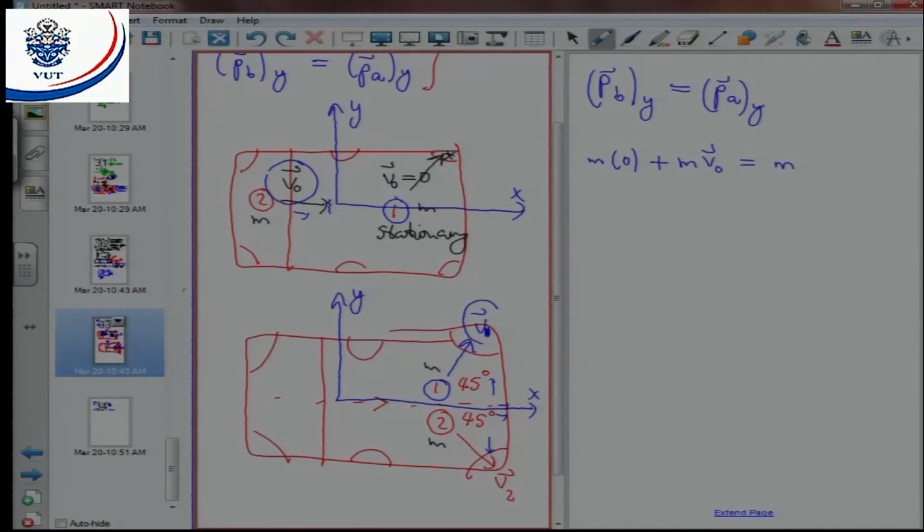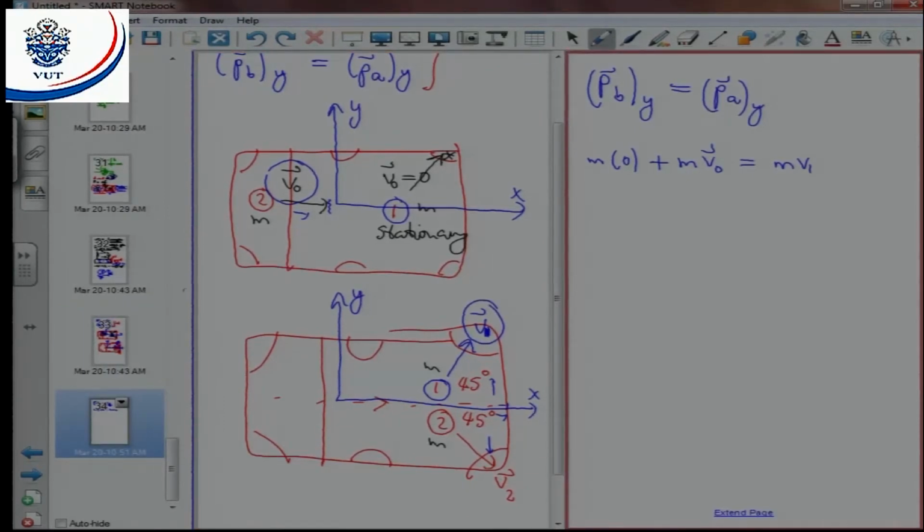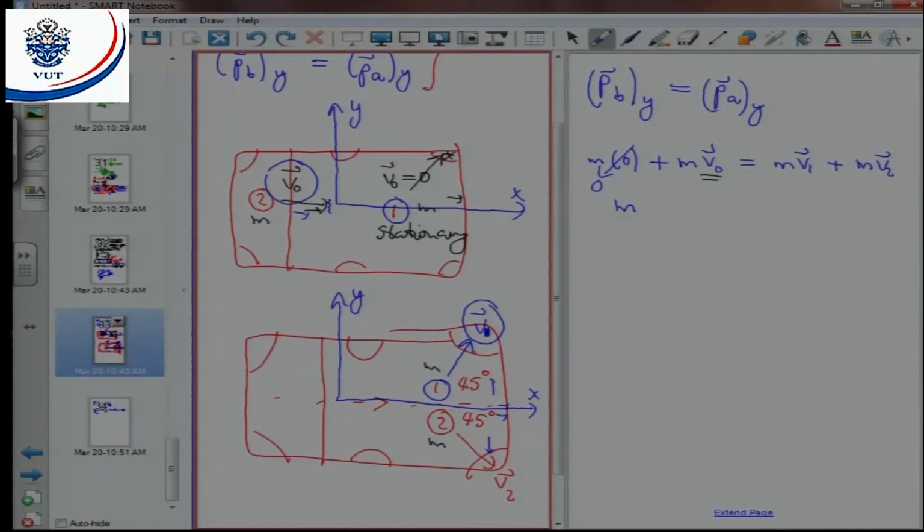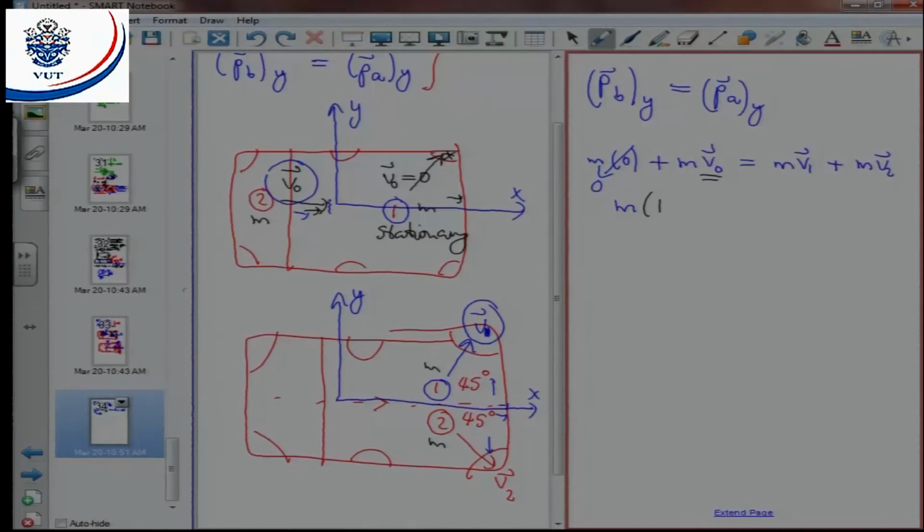So just to remind you, it's over here, v1 for the black ball plus m times v2 for the white ball. So this term is just 0, and then here we still have m. Now we need to substitute the vectors. So v naught is going in the positive x direction initially, so it's just plus v naught. The plus is the direction, the v naught is the magnitude. So that's the momentum before.